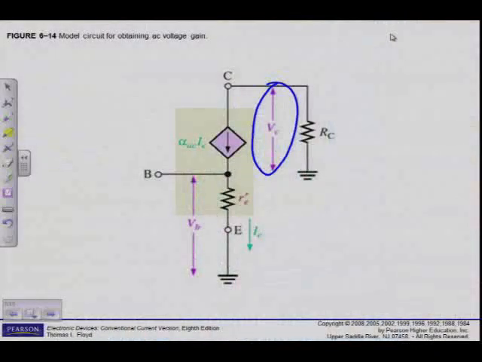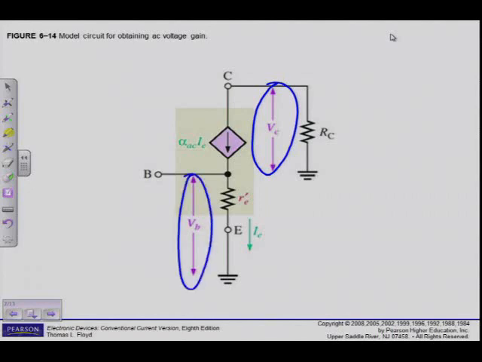But anyway, we can see that the AC voltage gain expression for the common emitter amplifier is developed using the model circuit in figure 6-14. The gain is the ratio of the AC output voltage at the collector, VC, to the AC input voltage at the base, VB.